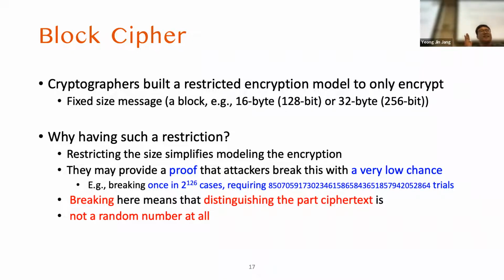But the guarantee the cryptographers give is that the chance of the attackers distinguishing the ciphertext from a random number is 1/2 to the 126. 2 to the 126 is a super big number, so without that many trials, attackers cannot meaningfully attack the crypto scheme.